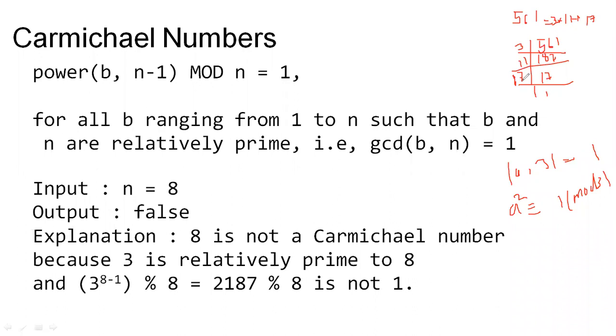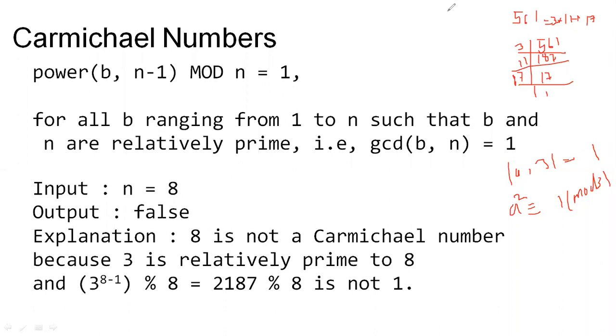In this way we can break down these values, and finally we can write a raised to 560 is congruent to 1 mod 561. So here it is actually a pseudoprime number, which is not actually prime, but it looks like it passes the Fermat test. At that time we can say it is a Carmichael number.